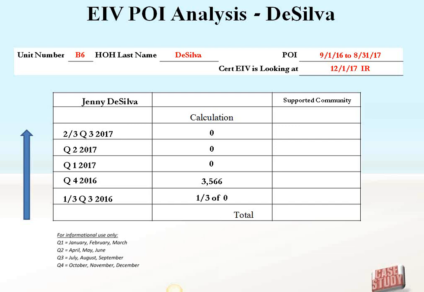You can see when the wages drop off, that's a big hint that source of wages stopped, right? It's because that employment got terminated. Okay? So what's the total amount of wages that Jenny earned in this period of income from supported community? 3566.